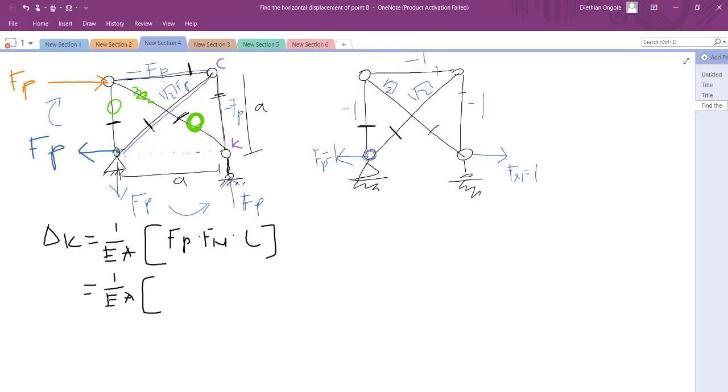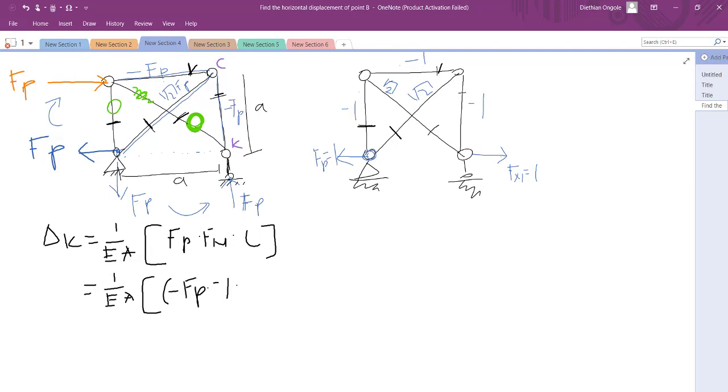So beginning with this one here, our Fp would be equal to negative Fp, then times the corresponding Fn on this, that is times negative 1, then plus, we must also multiply its length.